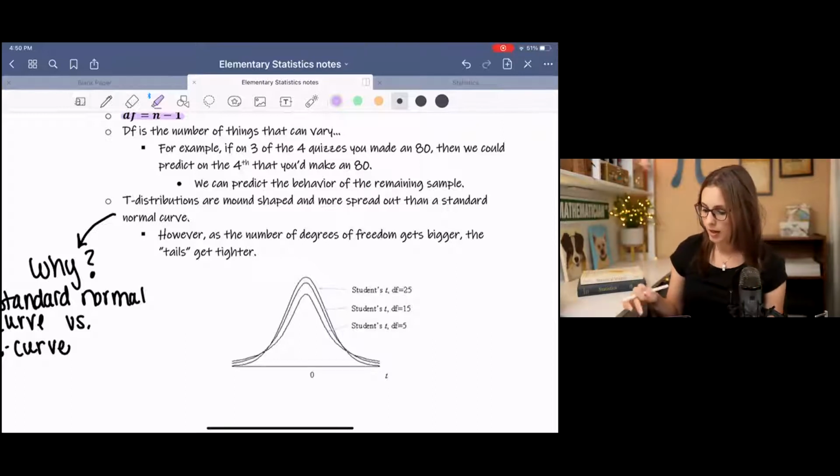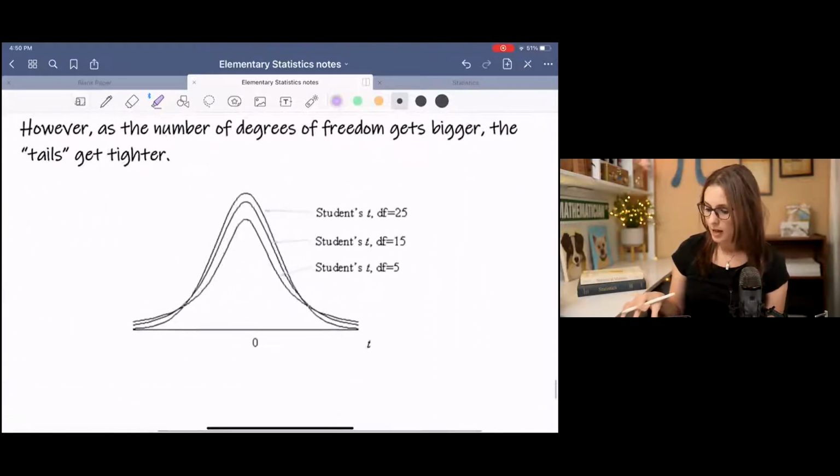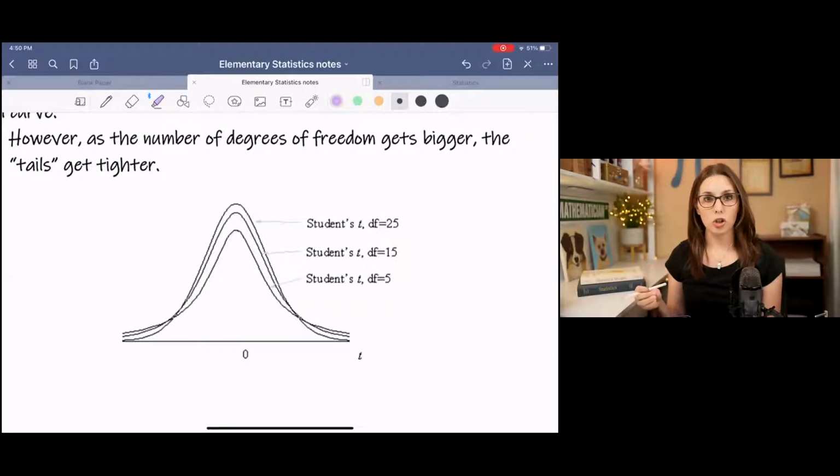But I will say that as sample size gets larger, your shape will actually take on more of a normal curve. And if you look at a T table in your book or online, and you look down at the bottom of the T table and you compare those values with a Z table, you're going to find that they're the same.